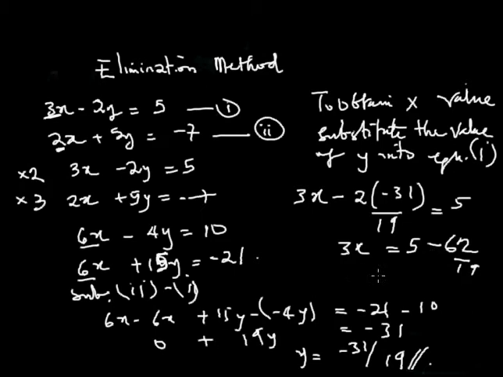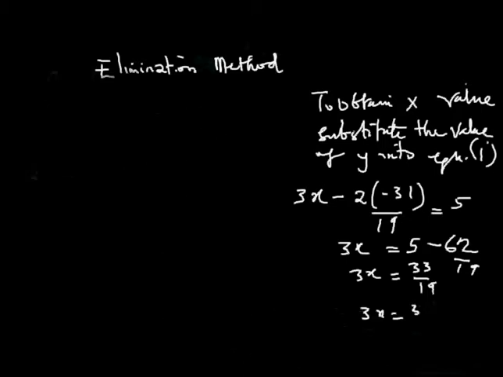And by the end of the day, 3x is equals to 33 over 19.